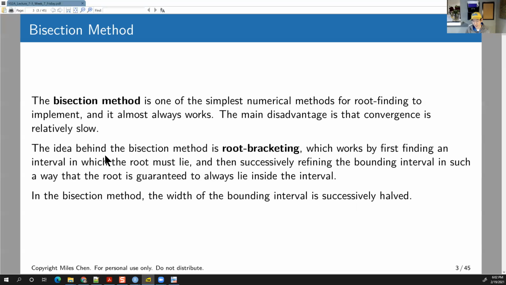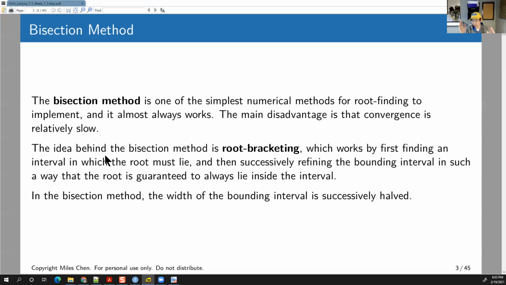If you have a continuous function, and you find an interval where one side is negative and one side is positive, not necessarily left negative and right positive, but just one of each, we know that if the function is continuous, there has to be a root somewhere in there.